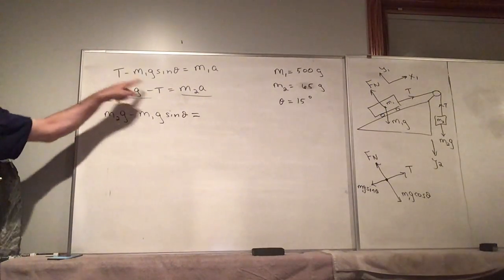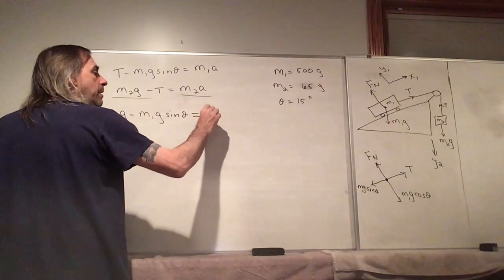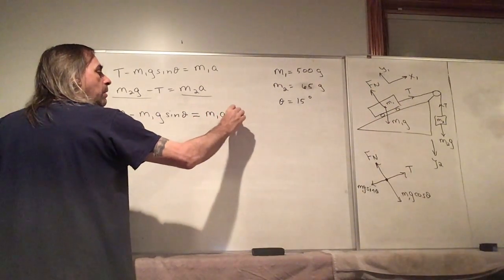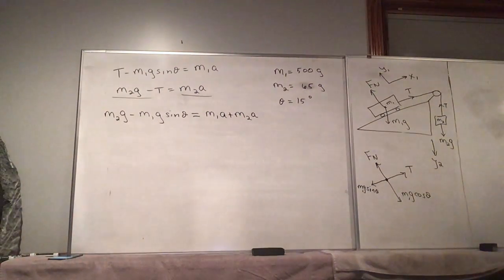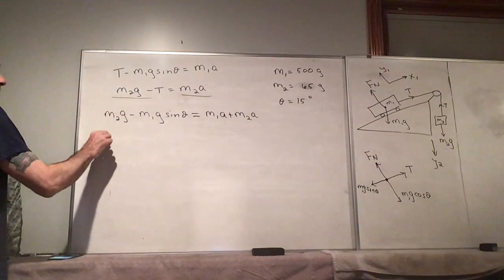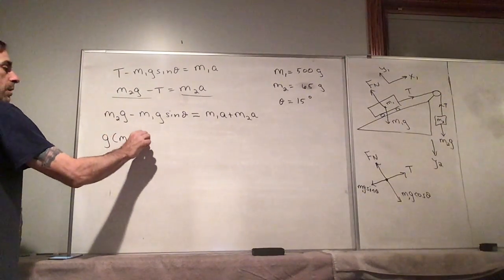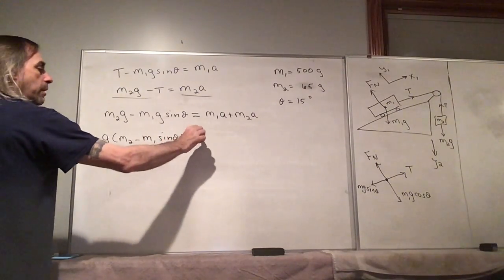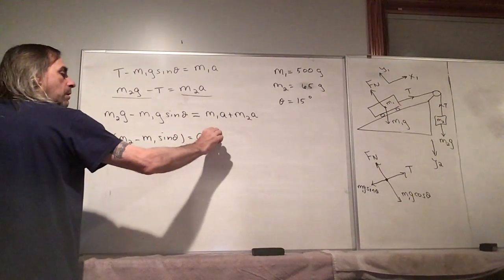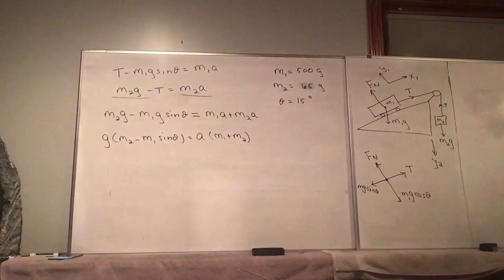So on the left, we have 4 terms. We add them all up. The t and the minus t cancel out. And on this side, we have m1a plus m2a. Now we can clean this up a little bit. g times (m2 minus m1 sine of theta) equals a times (m1 plus m2).